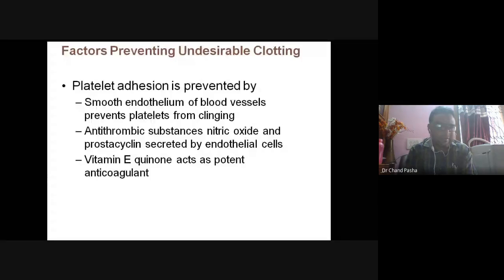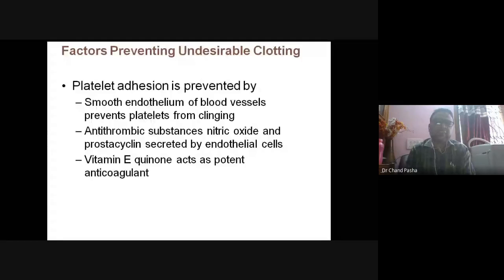So in normal cases they cannot come in contact with one another, because negative charges repel. This prevents the platelets from clinging, attaching or localizing there.